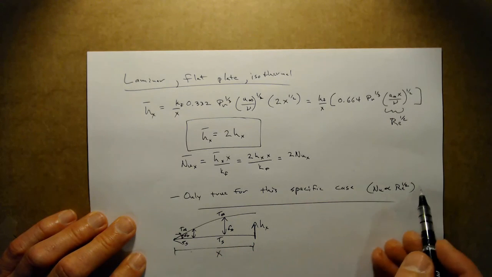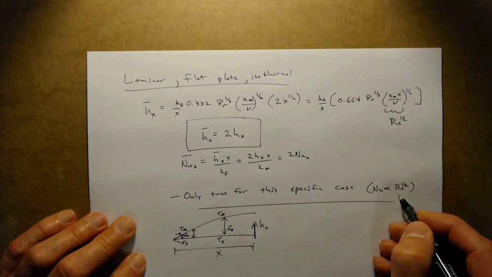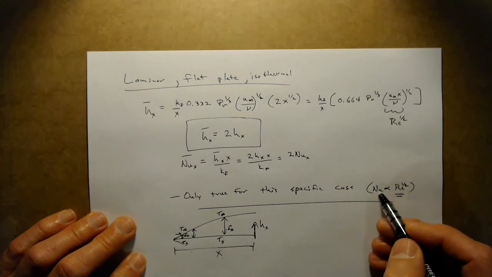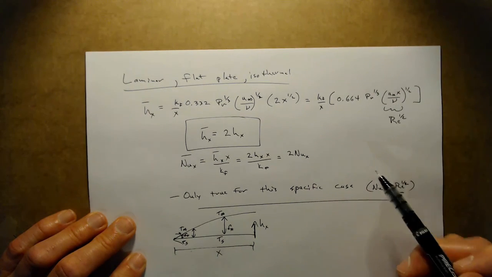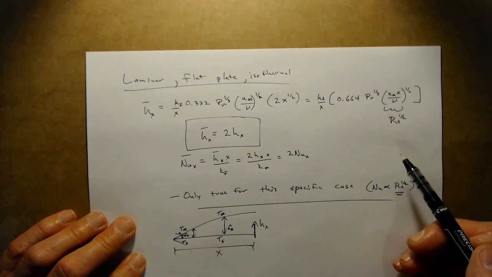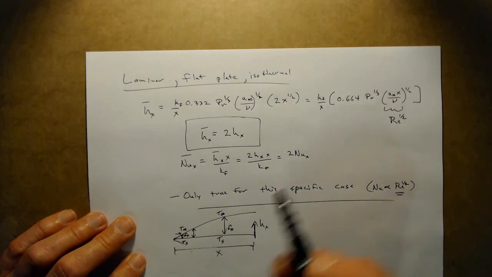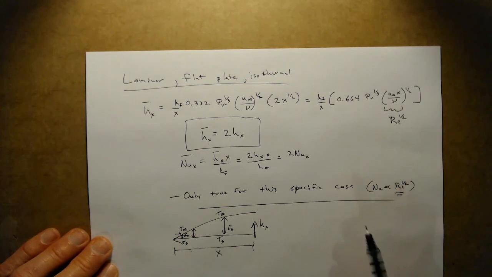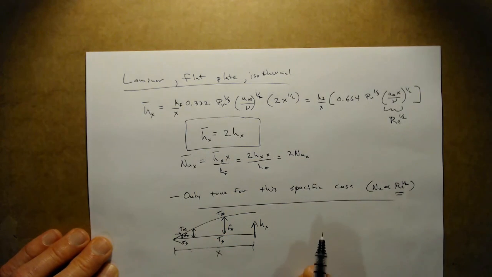But this is only specifically true for this case where the Nusselt number is proportional to the Reynolds number to the 1/2, so that when we integrate it and divide by x, it ends up in a recovery of the Reynolds number to the 1/2. So this specific relation is only true for this specific case.